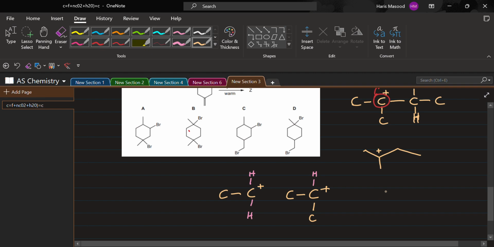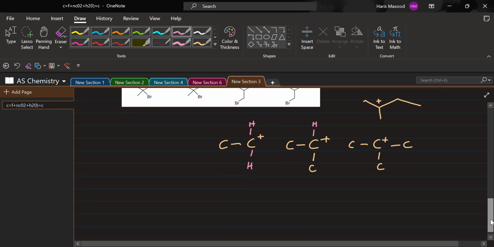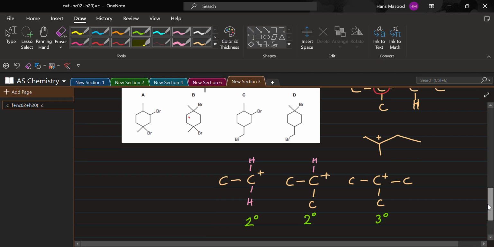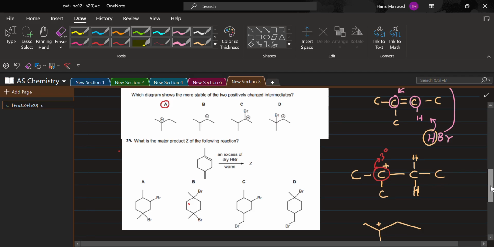And tertiary, then I think you got the idea, will have three alkyl chains attached to it and no hydrogen. Clear? This is primary, this is secondary, this is tertiary. So always it is our aim, according to Markovnikov's rule, to form a tertiary or the most stable product.